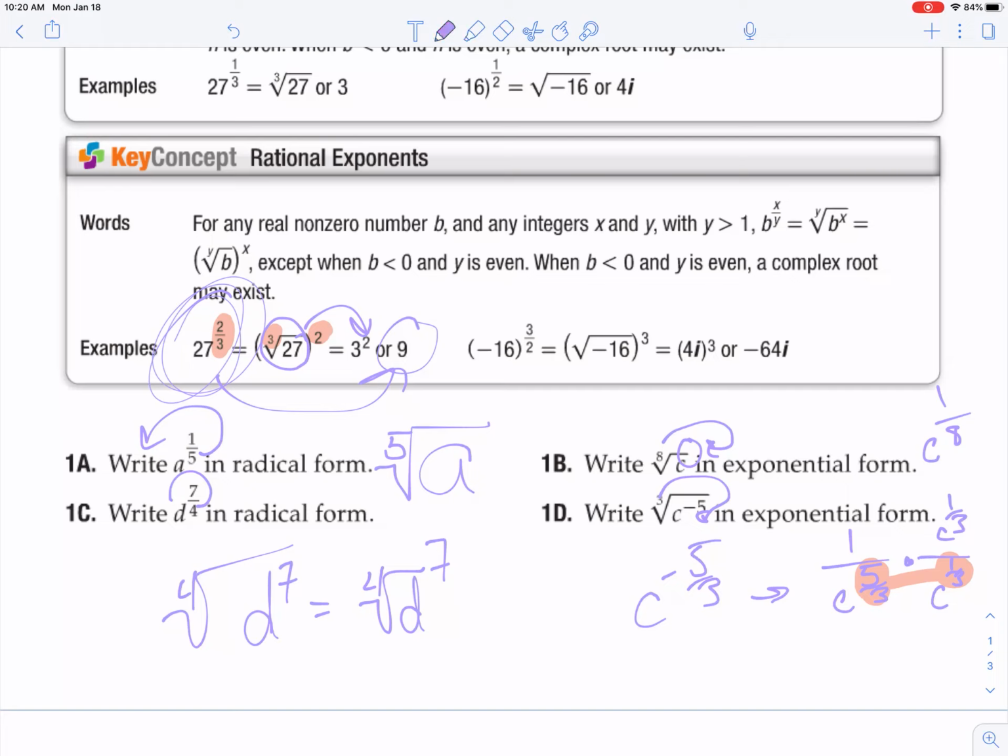So up top, 1 times c to the 1/3 is just c to the 1/3. Now on bottom, 5/3 plus 1/3 is 6/3, which simplified is just 2. Okay.